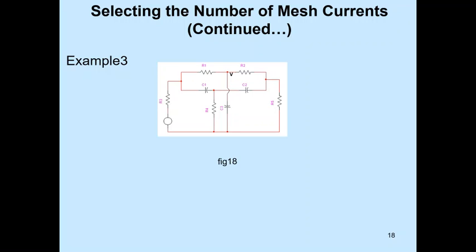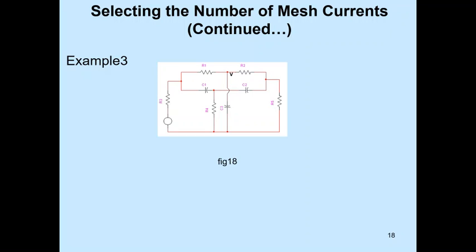And R3 and voltage source, R4, C3, R5 are joined at another node. So 5 nodes are there, 8 branches are there. So with the reference node, the number of nodes is 5 and branches is 8.